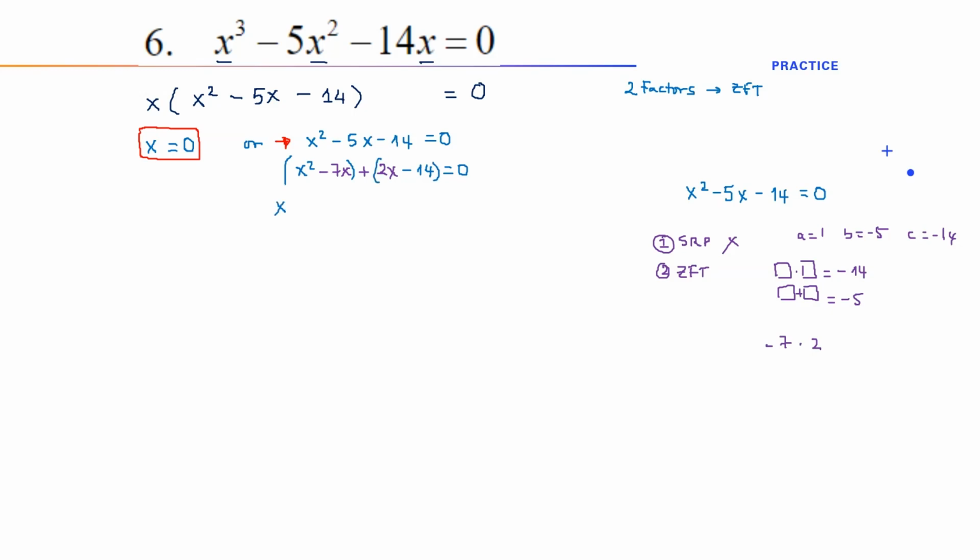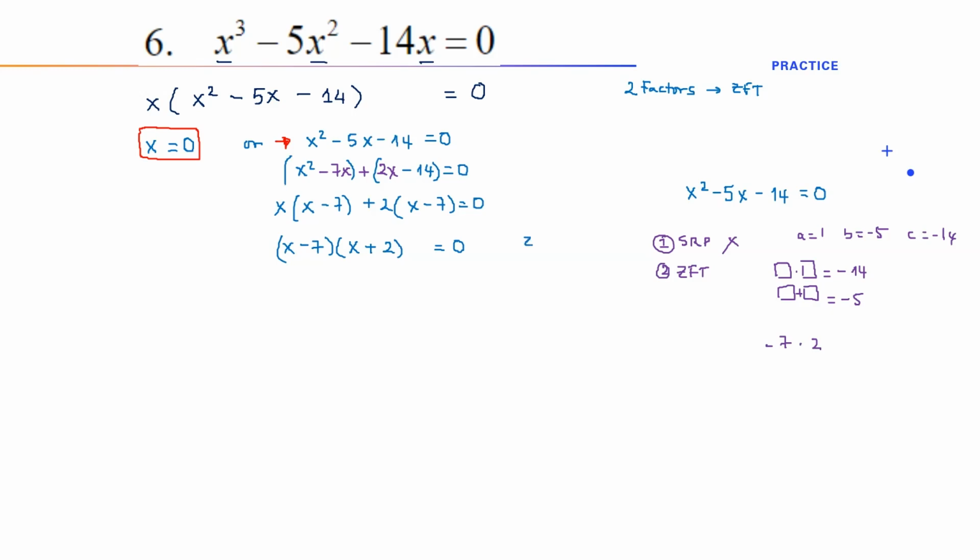In common of x, we have x minus 7 left. In common of 2, we have x minus 7 on the second group. Now the common factor is x minus 7. We take x minus 7 out, and we are left with x plus 2. That equals 0.